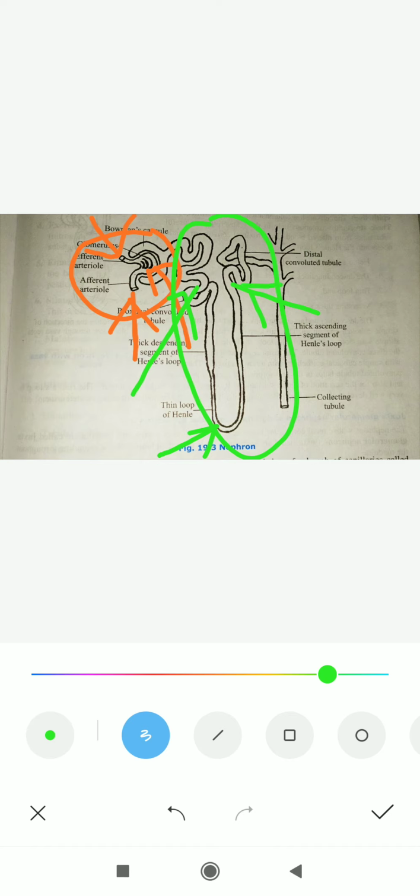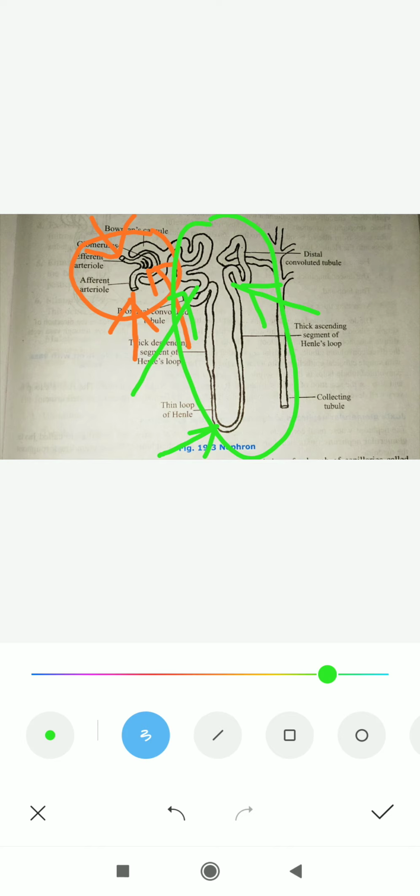This is distal convoluted tubule, that is DCT. So the second part of nephron, that is renal tubule, is subdivided into three major portions: proximal convoluted tubule, loop of Henle, and the third is distal convoluted tubule.